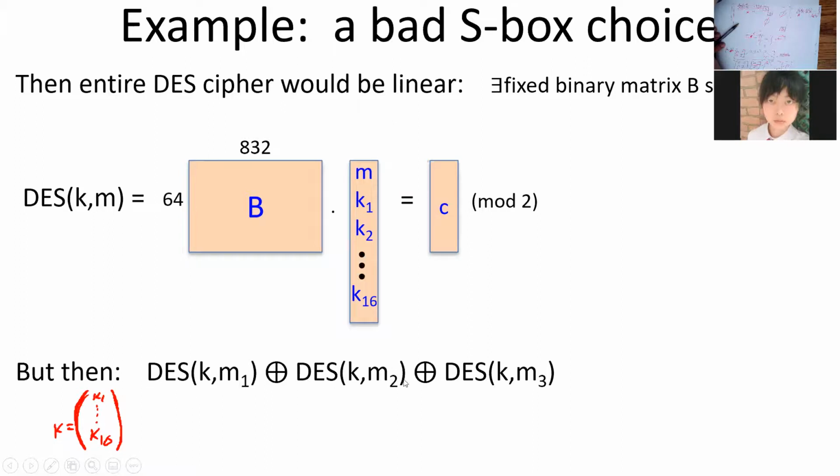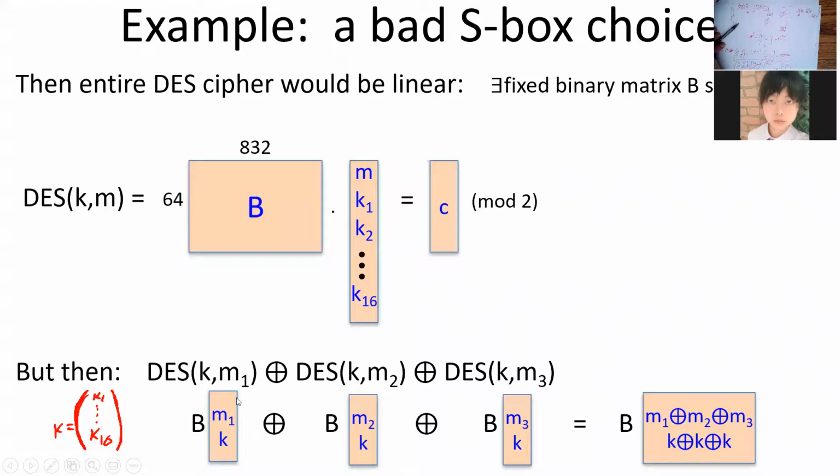So what's the attack? Let's look at the XOR between these three values. So DES K of M1 would be this fixed matrix B applied to M1 with K. DES K of M2 is the fixed matrix B multiplied by M2 and this 16 long vector, right?